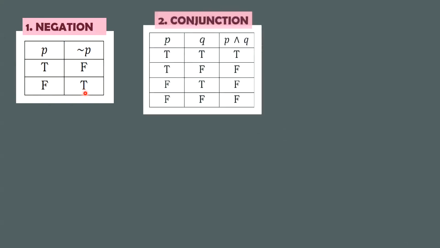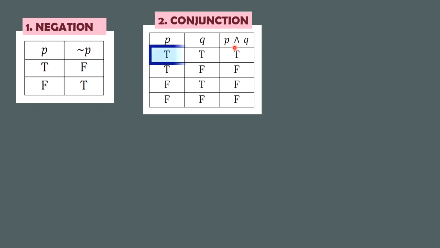Next, logical connective, conjunction. Ito yung and. P and Q. Madali lang tandaan, yung inverted V, yung nakabaliktad na V. Because and, it starts with A. So, parang A naman itong ating nakabaliktad na V. So, anong special sa truth table na ito?